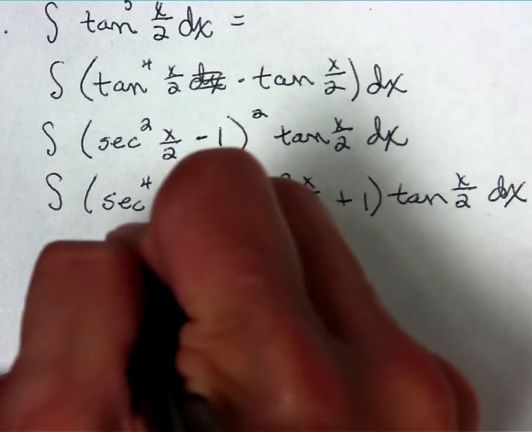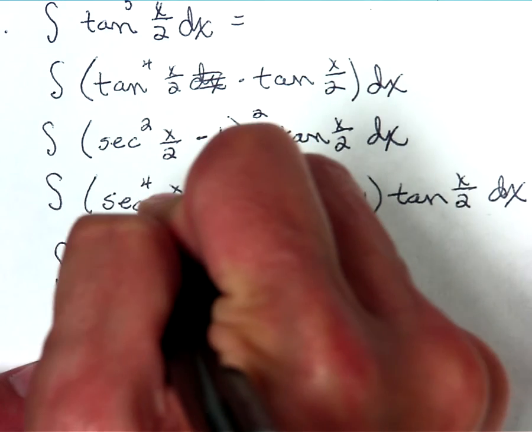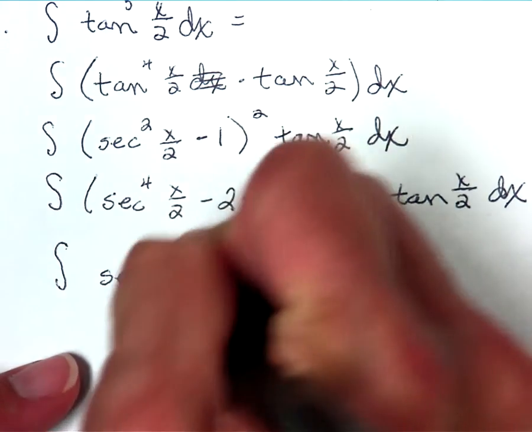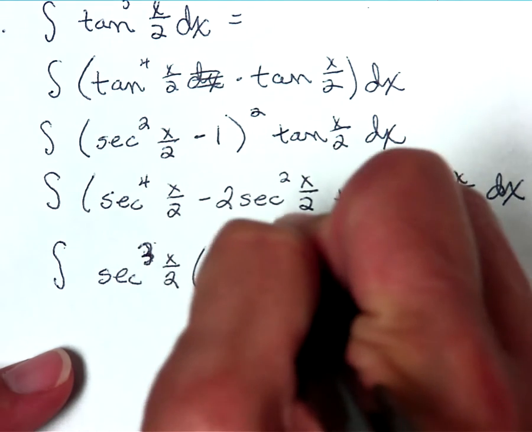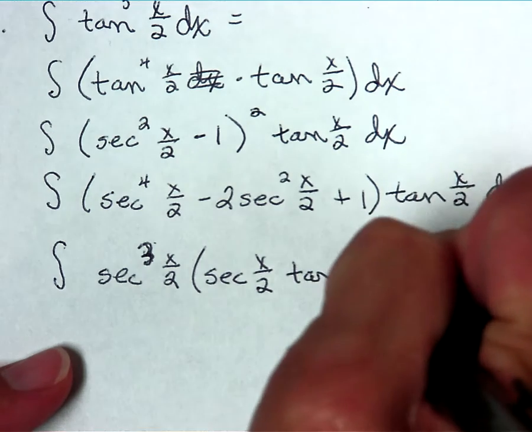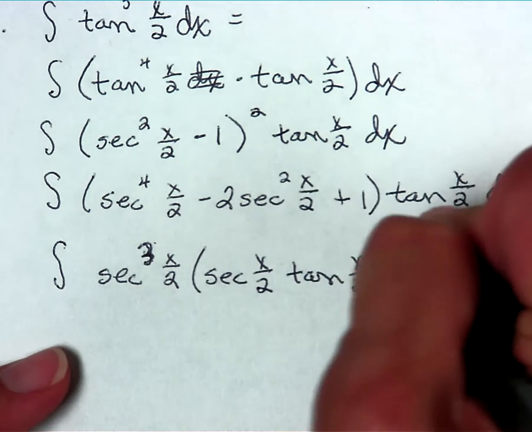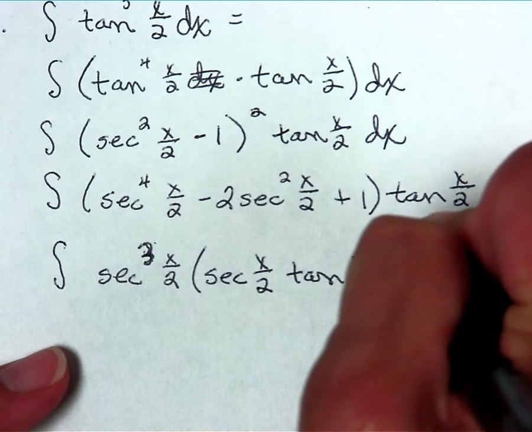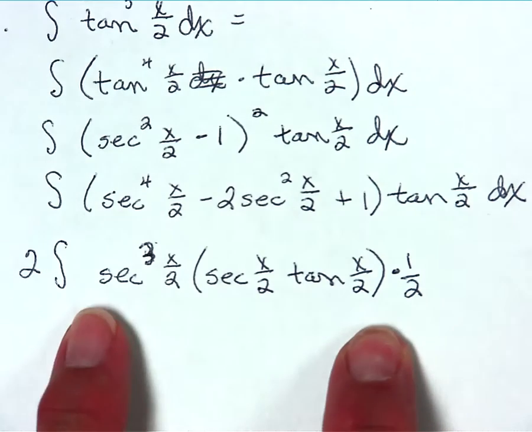You have secant to the 4th x over 2, secant cubed x over 2 times secant tangent. And in order to integrate that, you'd have to have a 1 over 2 with a 2 out here. So that's what you had for your first integral, right?